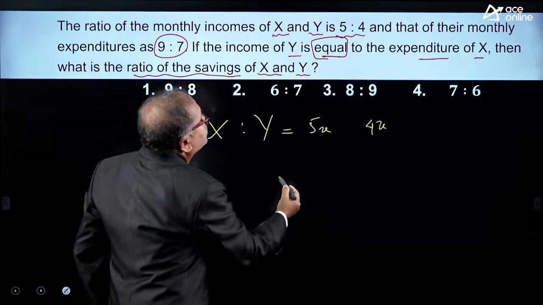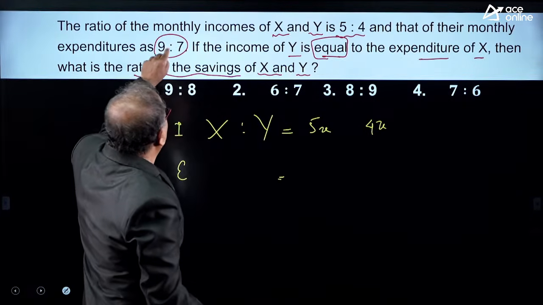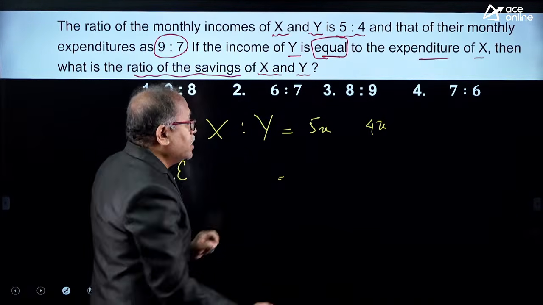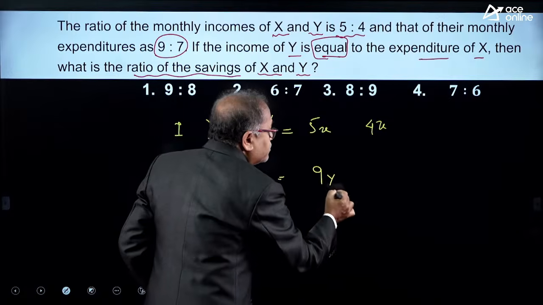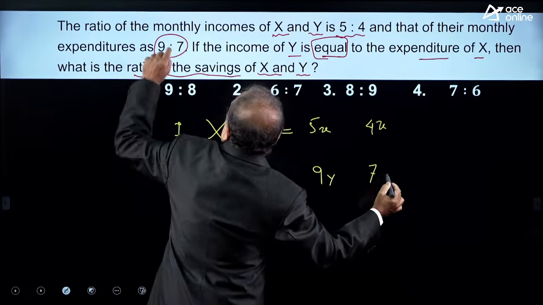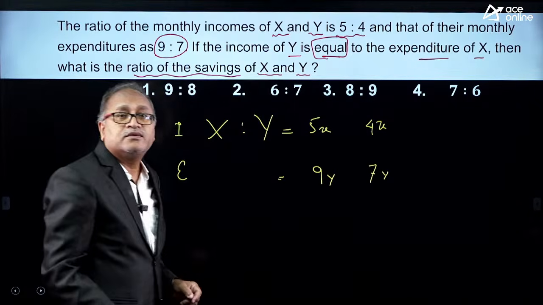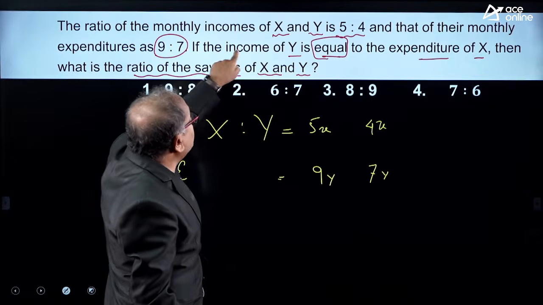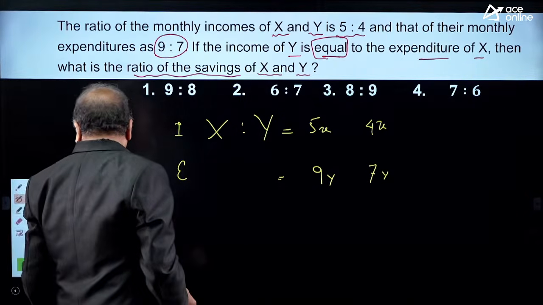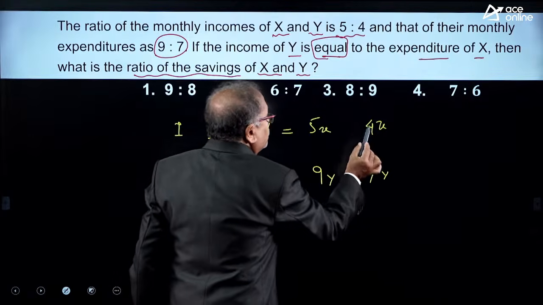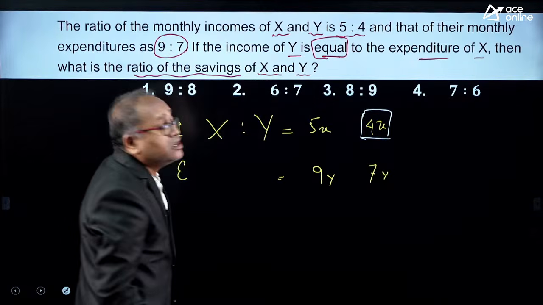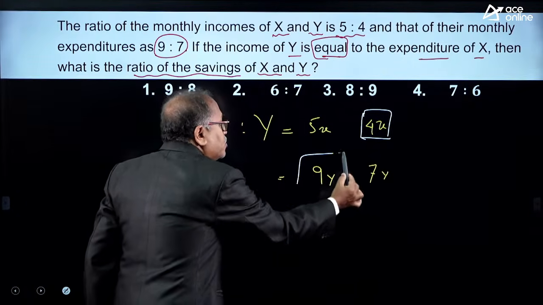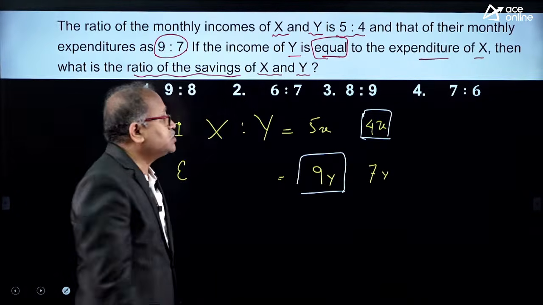The expenditure ratio is 9 and 7. I cannot take the same variable here, so I will take this as 9y and 7y. One more piece of information: the income of Y is equal to the expenditure of X. These two are equal.